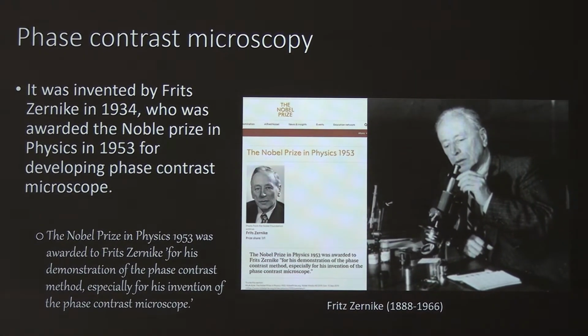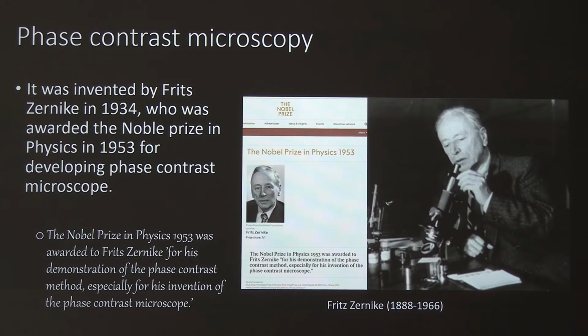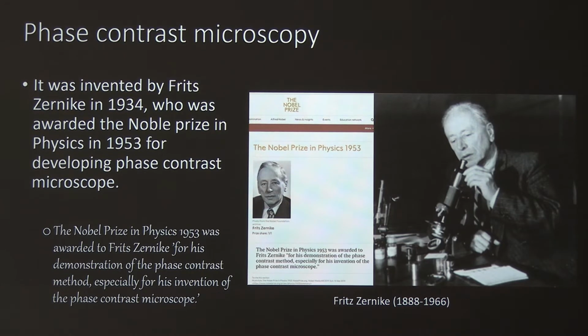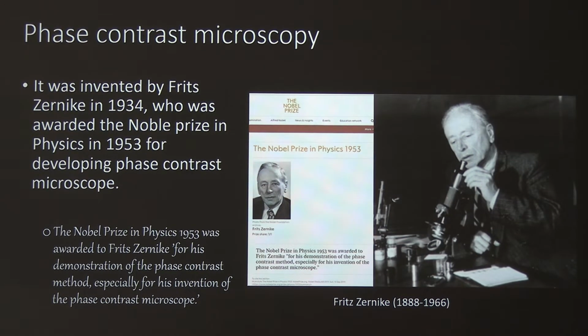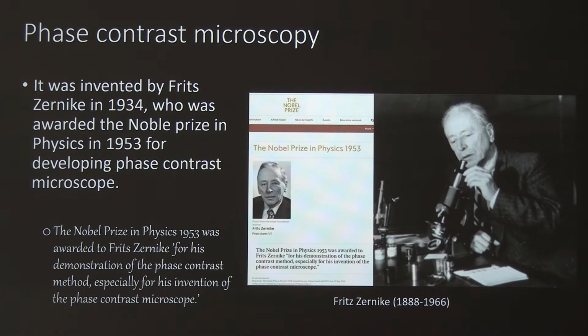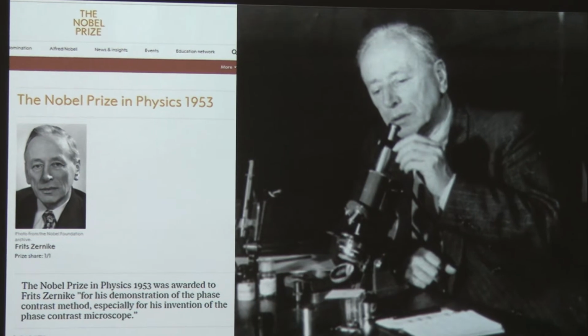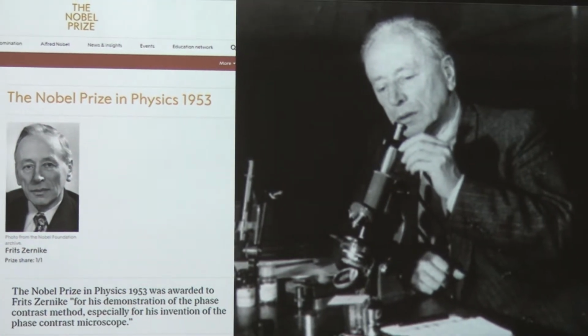Here is the first Nobel Prize mentioned in this lecture, because the phase contrast microscope was invented by Fritz Zernike in 1934. He won the Nobel Prize in Physics in 1953 for developing the phase contrast microscope. If you are interested, you can go to the website and find the lecture he gave for the Nobel Prize.